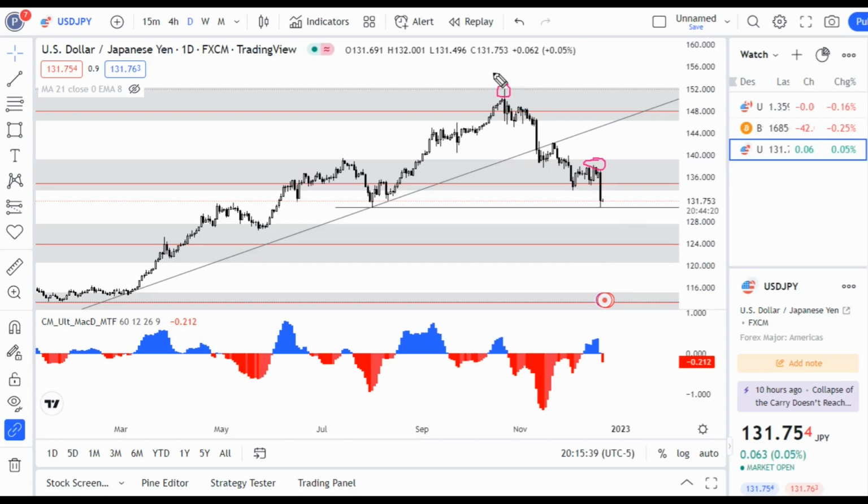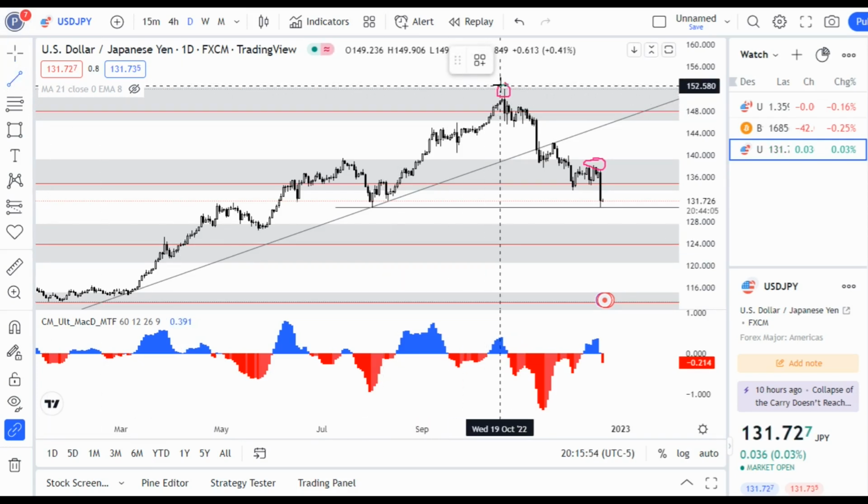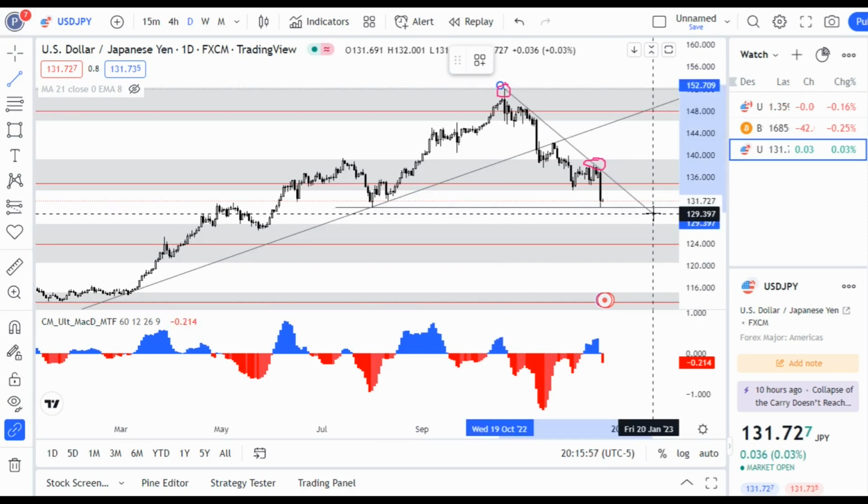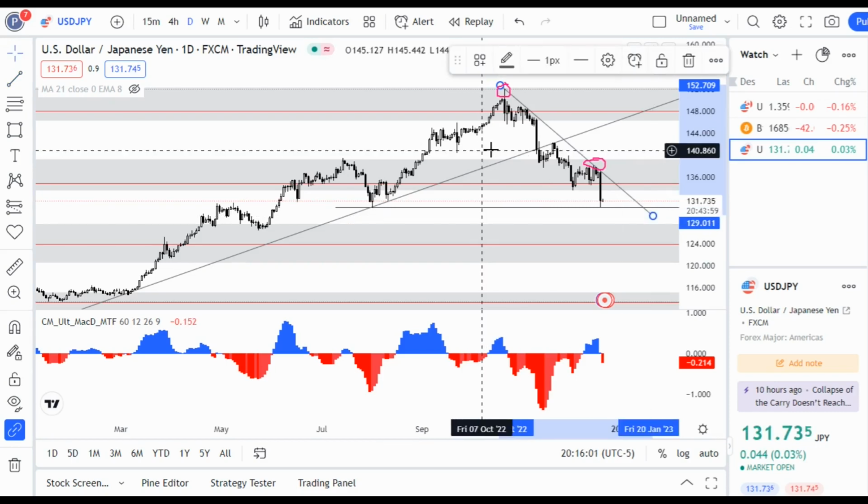Okay, so we are going to connect these two points together to get our trend line. So we actually try to get our line using the trend line tool here and connect these two swing points. Okay, so this is it.